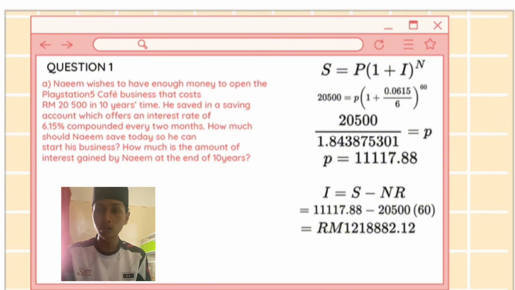I equals S minus nR, which is 11117.88 minus 2,500 (16). The answer is RM 1,280,882.12.